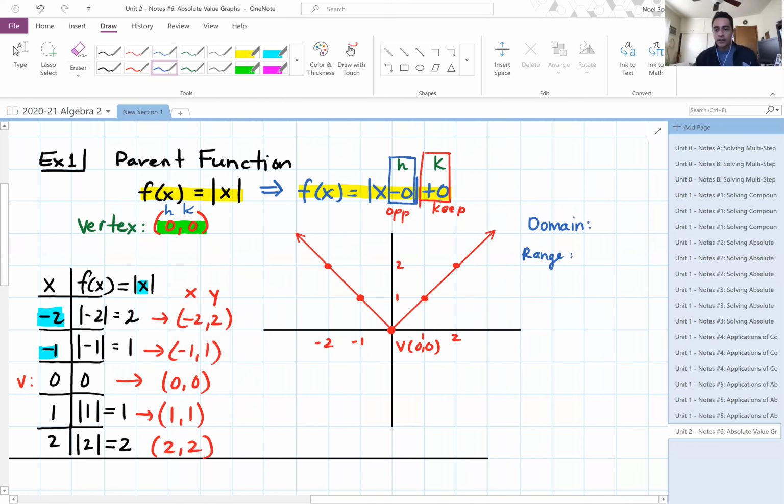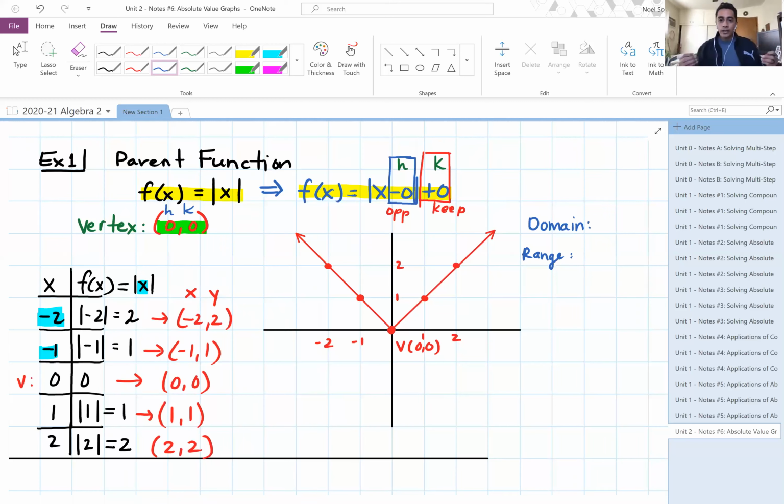Domain is another way of saying, what are all the possible inputs? What are all the values that I could use to plug into the function? In this case, the function is just the absolute value of x. What numbers could I plug in? Well, we have a table that shows we can plug in -2, -1, 0, 1, and 2, but those are not the only ones I can plug in, right?